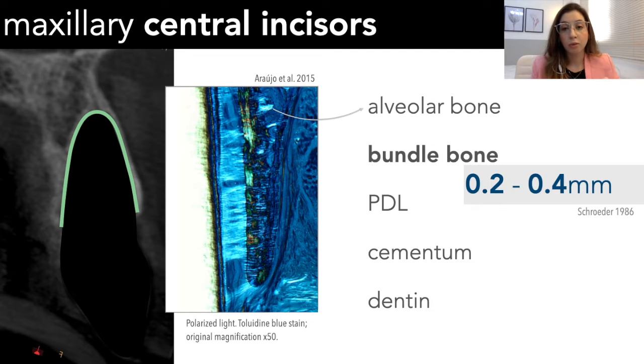When the buccal bone is too thin, as in this histological image, its entire thickness might be made of bundle bone. And the issue here is that following tooth extraction, this is a tooth-dependent structure, this will disappear. Thus, treating sites like maxillary central incisors is a challenging situation.